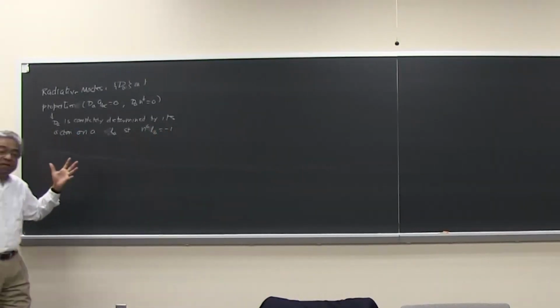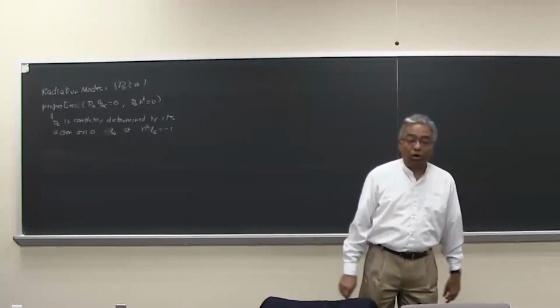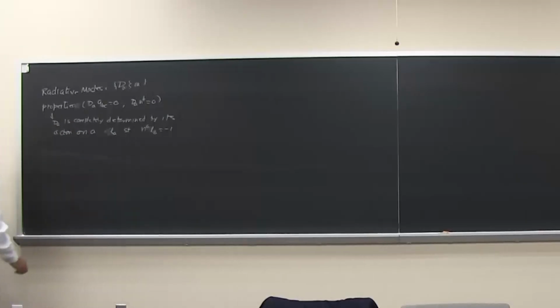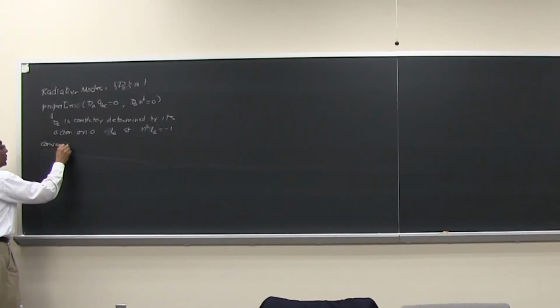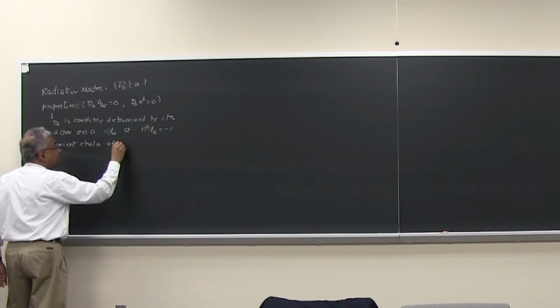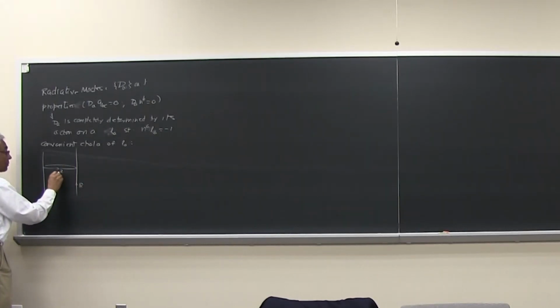And if scri were embedded in space-time, you can think of this n as being a null normal to cross-sections of scri. And so a convenient choice of this l, we saw, is that we can take scri, which is S^2 cross R, and then we can just choose a cross-section.